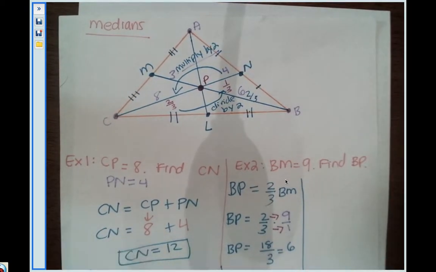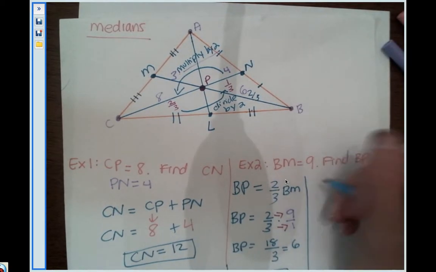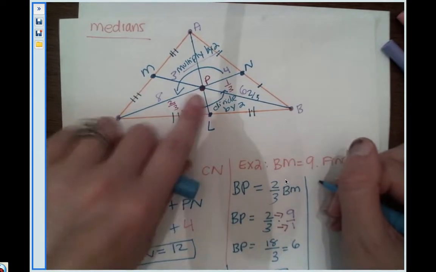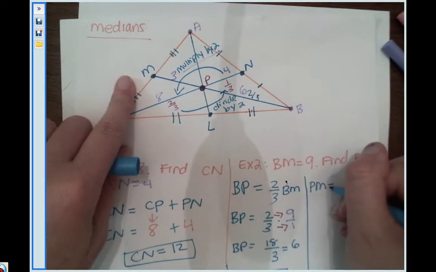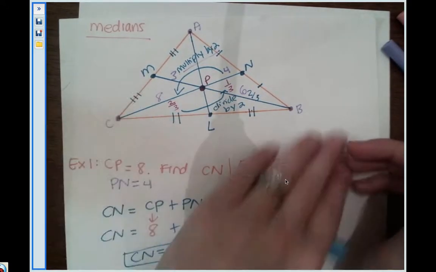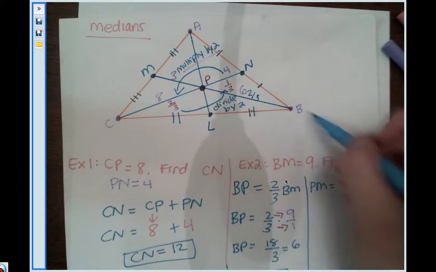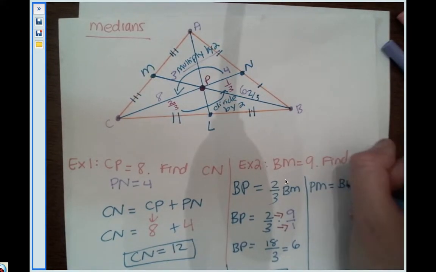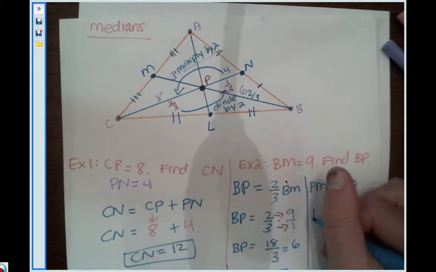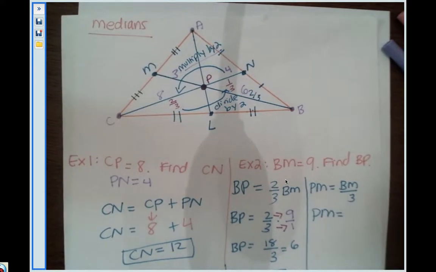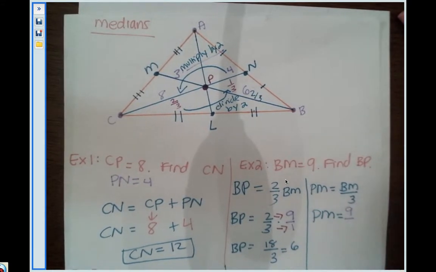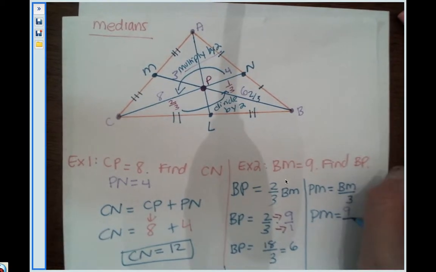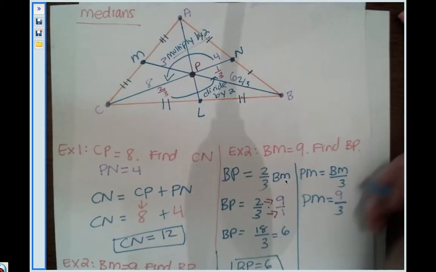So I'll just write out what I told you so you can have something to follow in your notes. We know that PM, the distance from the centroid to the side of the triangle, we got by dividing the median by 3. The median is BM, so BM over 3. So PM equals BM, which is 9, over 3. 9 divided by 3 is 3.